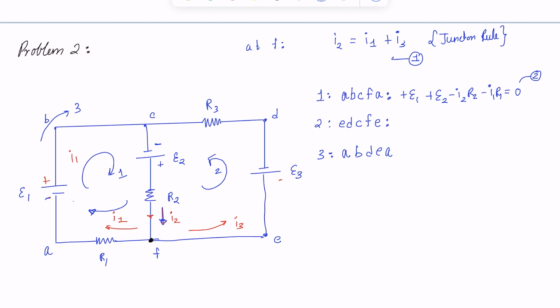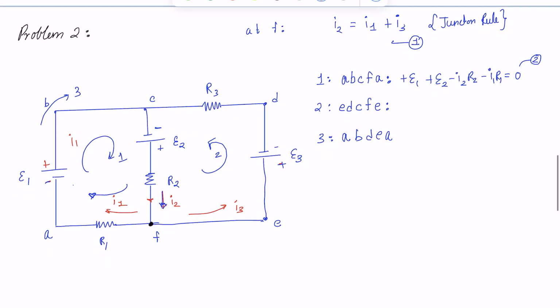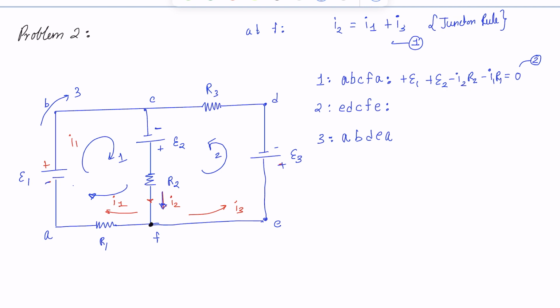Loop 2, we start at point E. I'm going to be going a little faster here, but this is what I'm going to do. I'm starting from point E and moving towards point D, because the loop is E, D, C, F, E. So from E to D, I encounter this battery, positive here, negative here. The first terminal I encounter is positive, so I write that voltage as minus epsilon 3.